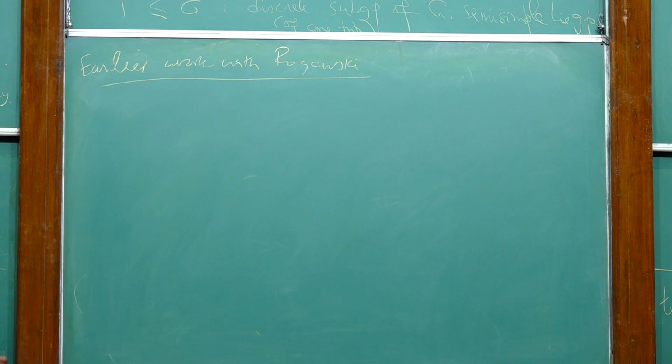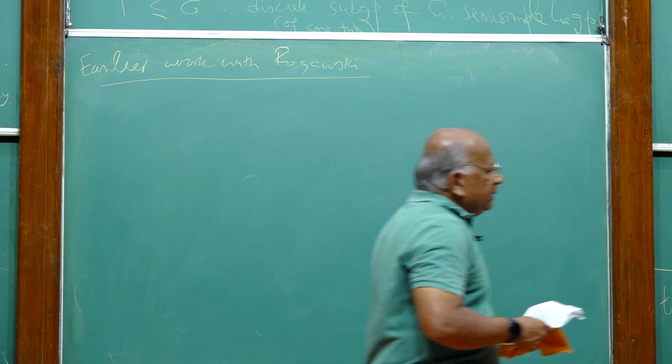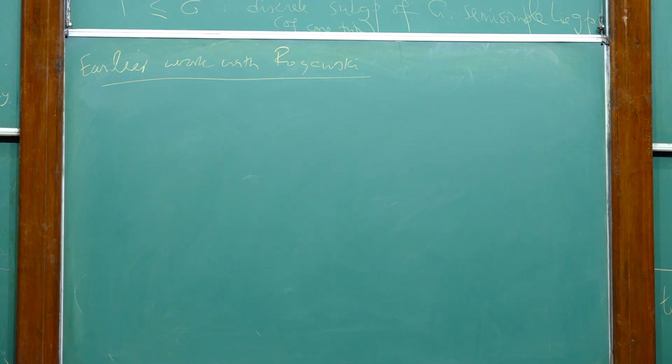So actually, to understand this paper of mine with Michel and Liang, it may be good to read, if anybody is interested, my old paper with Rogowski from 2005. It's a Borel volume.